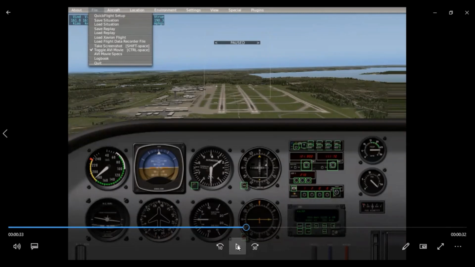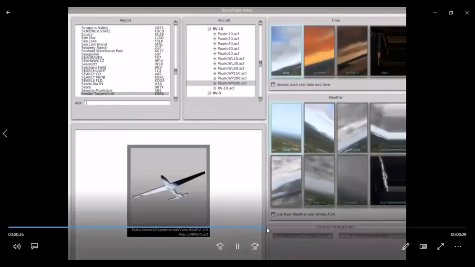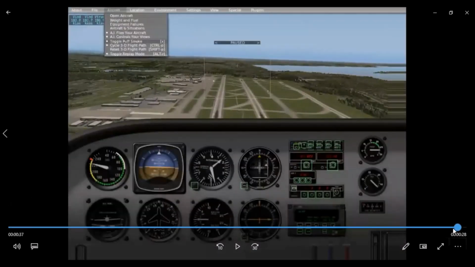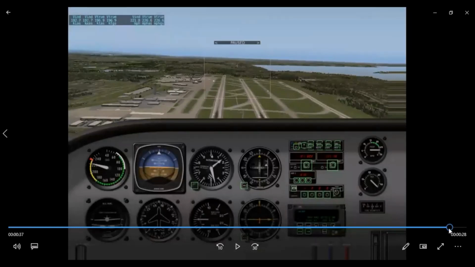It was significantly faster in the air. Finally, the 600 horsepower plane. As you can see, the true airspeed was measured at 266 miles per hour, much faster than the previous 2 planes. It weighed in at 3,000 total weight and 3,500 max weight.